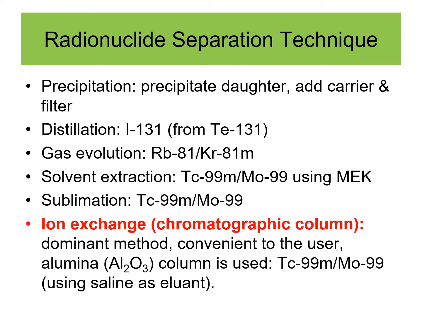Technetium-99m has a propensity to accumulate in the MEK solvent, from which it is dried and then redissolved to get technetium-99m pertechnetate. And the last method, which is the most popular, is the ion exchange or chromatographic column that we have just mentioned earlier.